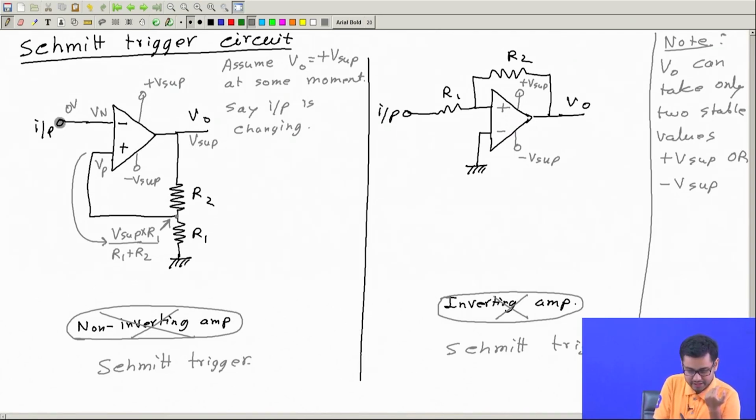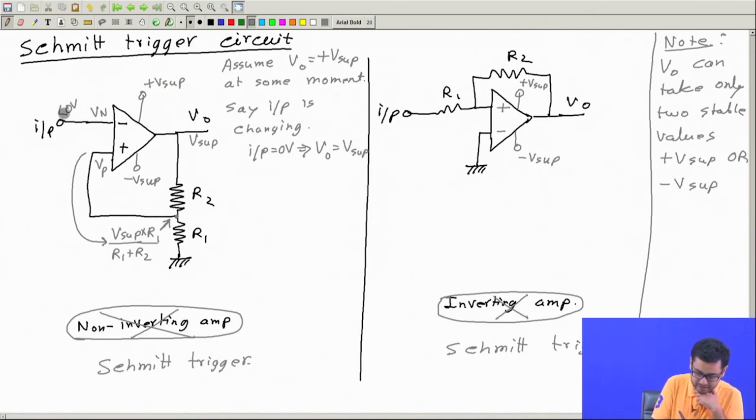If I make it lower than 0, okay, let me also write what I just said right now. Input equal to 0 volt implies VO equal to V supply.